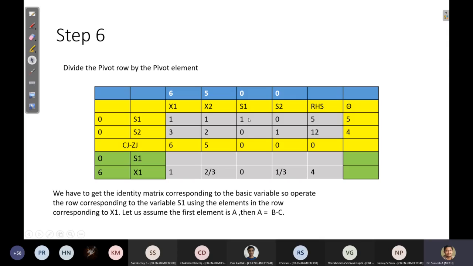Here it will be 1 minus 1 into 0. Here it will be 0 minus 1 into 1 by 3. And here it will be 5 minus 1 into 4.